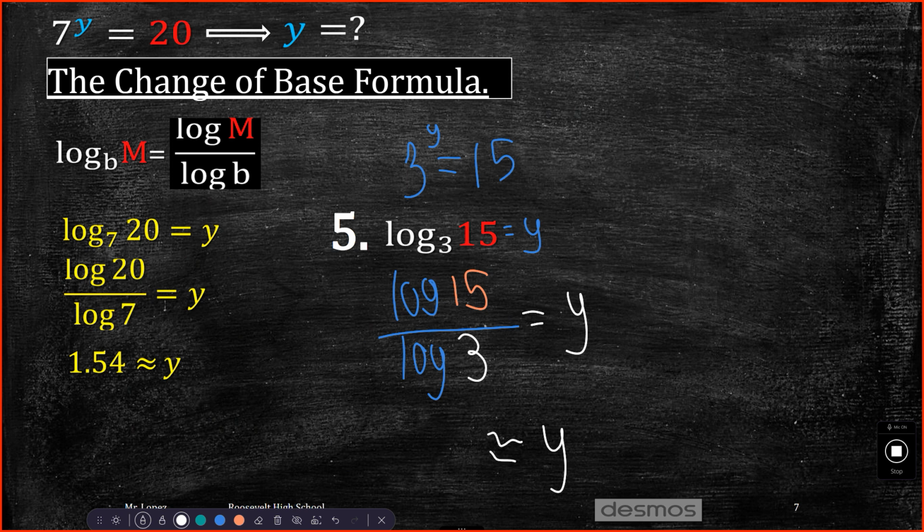Put it in the calculator. 2.46, 2.465. Now go ahead and do 3 to the power of 2.465.